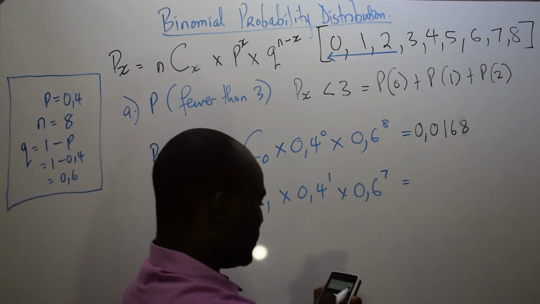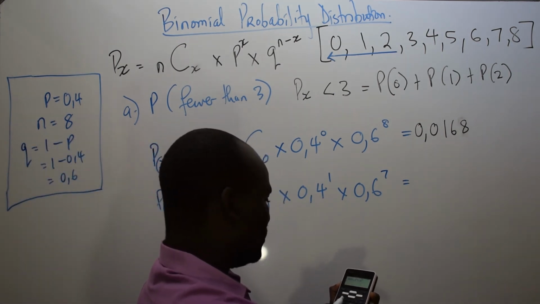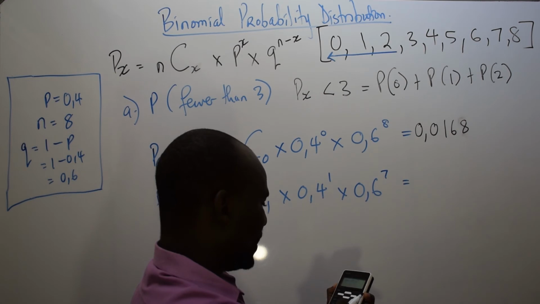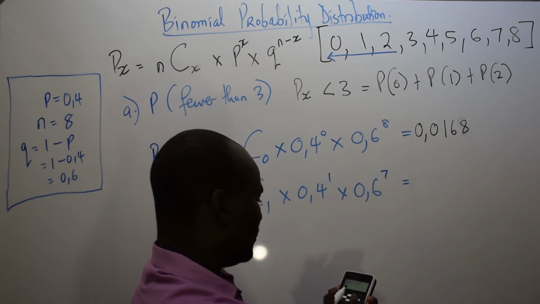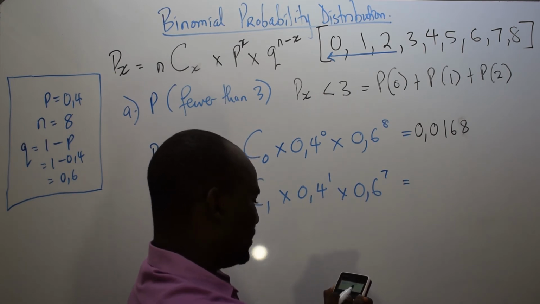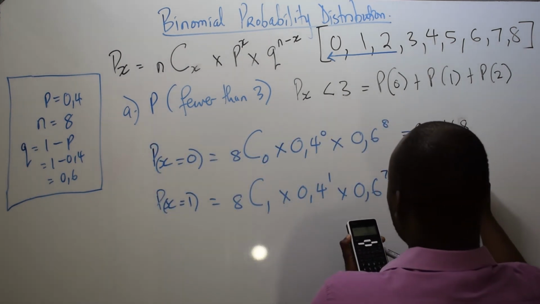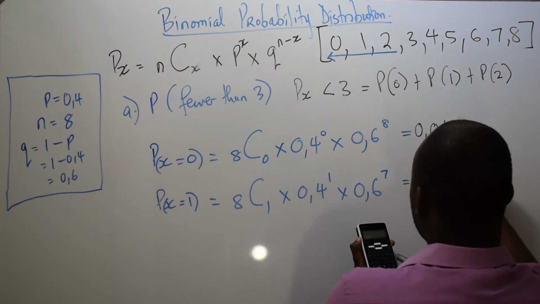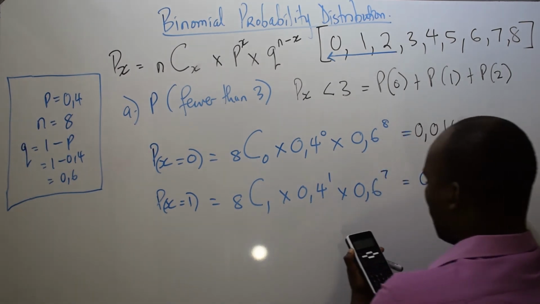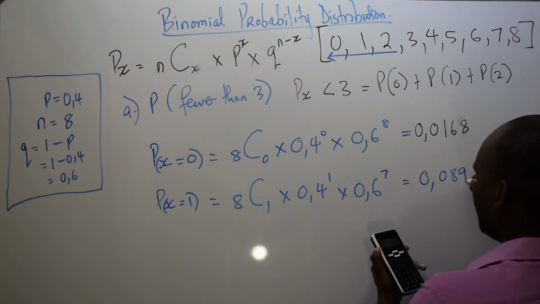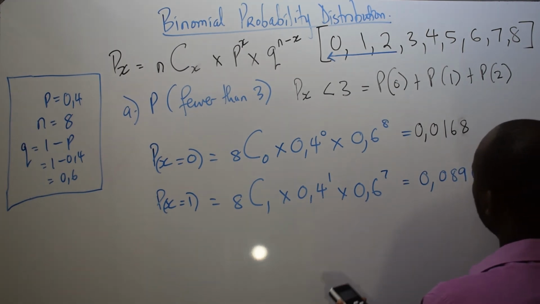We punch this into our calculator. If you're someone else, you can play this back and change the figures there, and it should be quicker for you, but it depends on how you want to work it out. The answer is 0.0896 to 4 decimals.